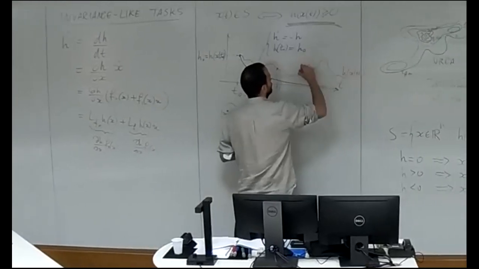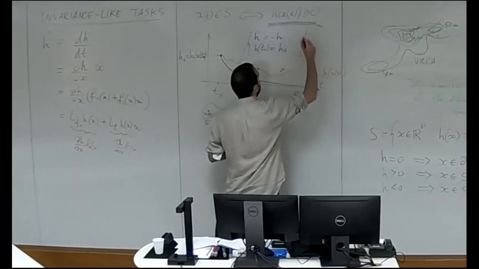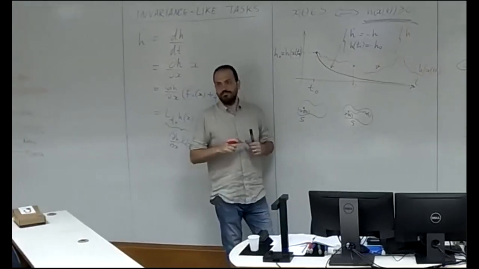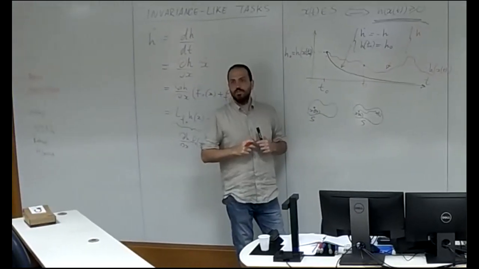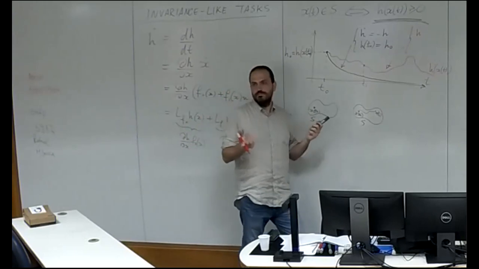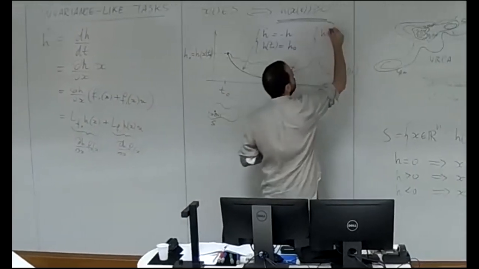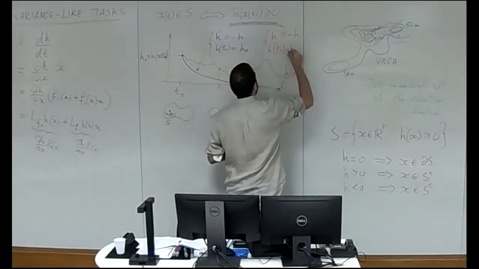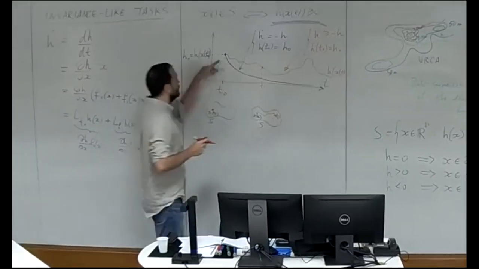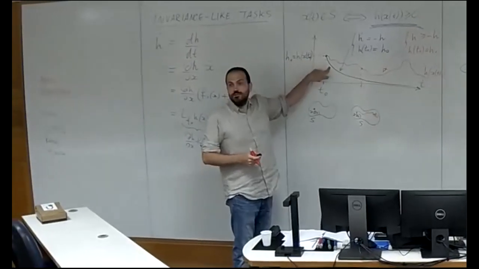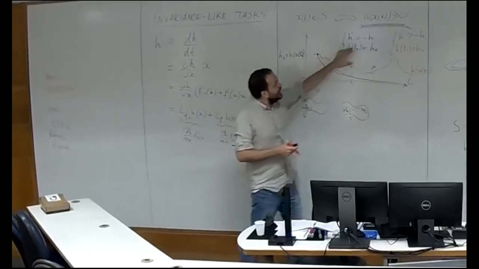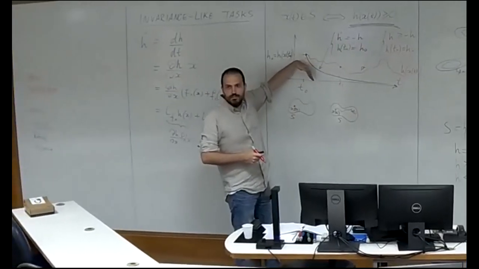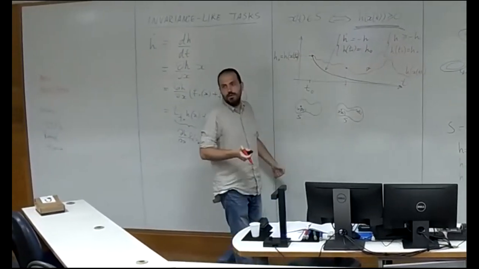Now to stay above, what do you think our h dot should be? It should be greater than or equal to minus h. So if we start at the same place and the rate at which we move is always larger than minus h, then we can never cross this black line. So we're always above.